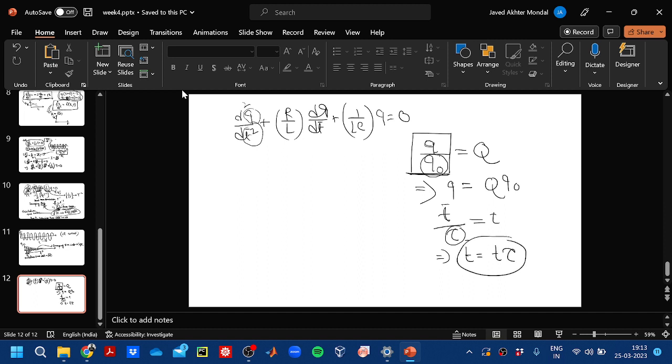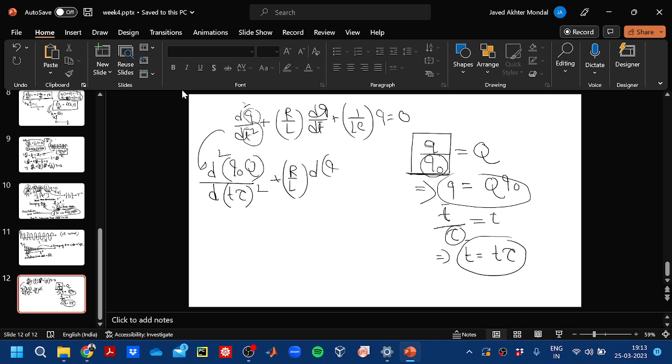If we replace both of these in our equation, then what will we get? We will have Q0 into Q, and t bar, plus R by L d of Q0 Q divided by dt into tau, plus 1 by LC into Q0 into Q. So what we are doing is, first we are identifying our dependent variable and independent variable.